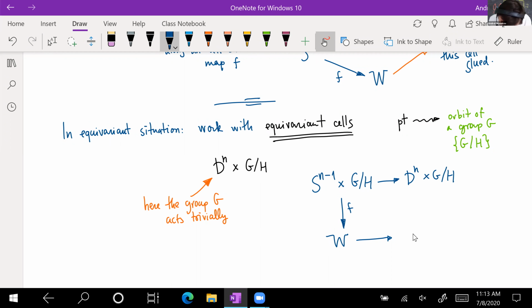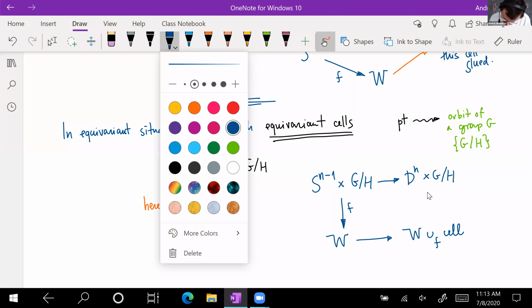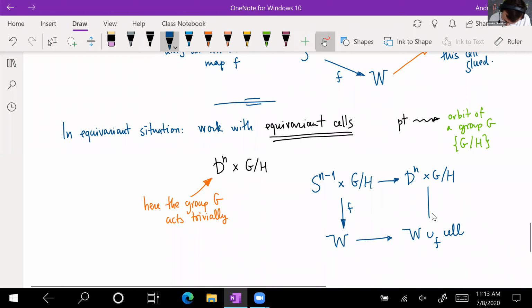And so then I have this with one cell attached along this cell. This is my pushout here. It means its cohomology is then some cone of things I already know.